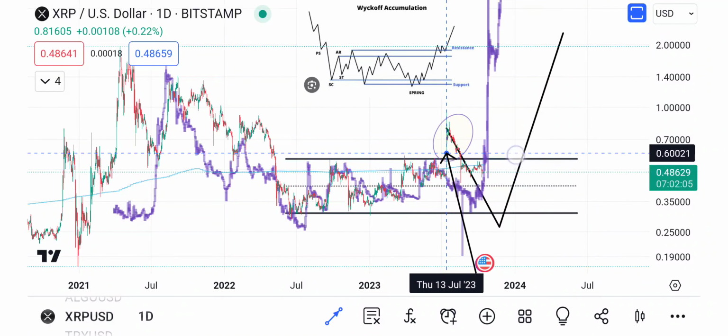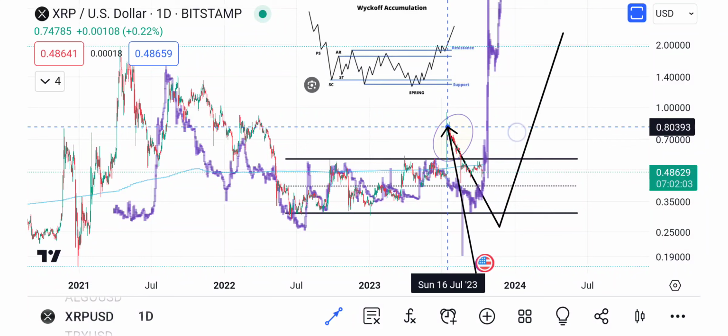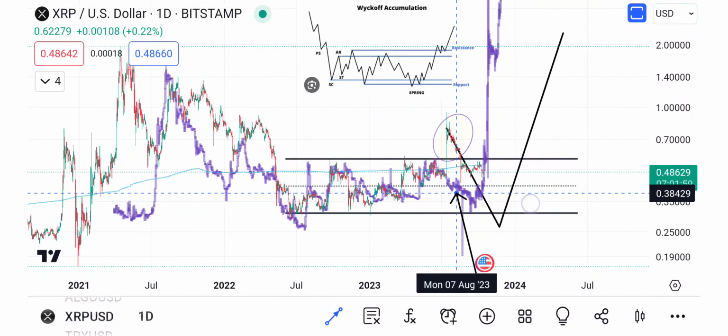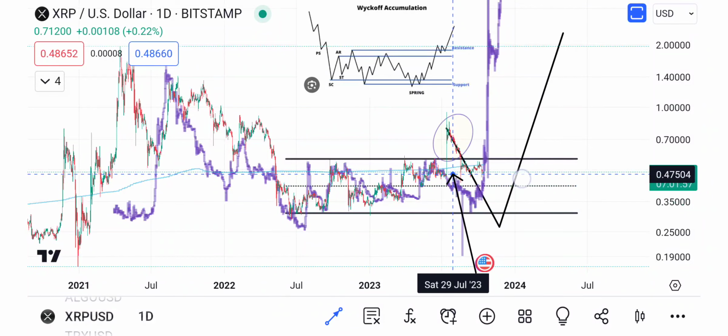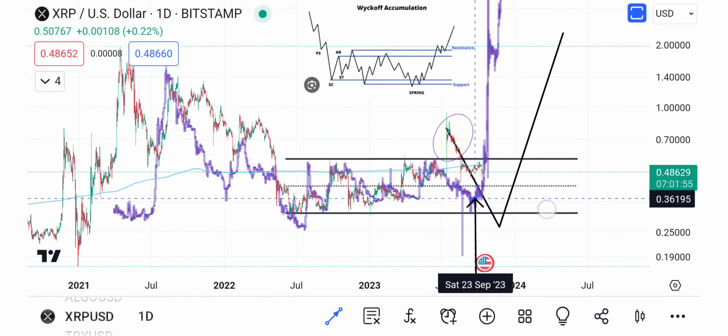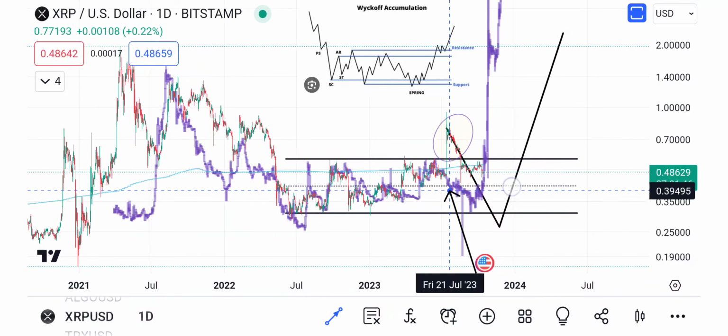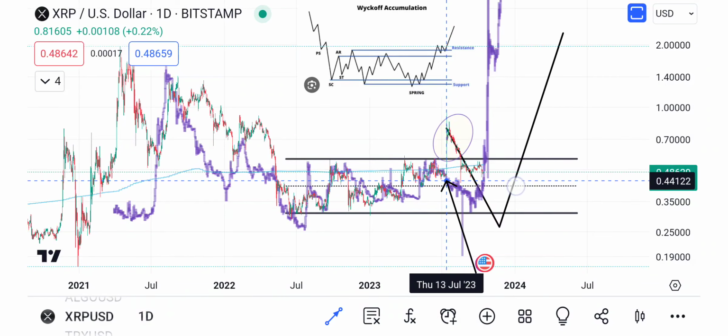We deviated away from the fractal. We broke out. See, it wasn't supposed to break out. It was supposed to continue going down, down, down, down. But Judge Torres should have waited until when? I would say until September. But she did it in July.